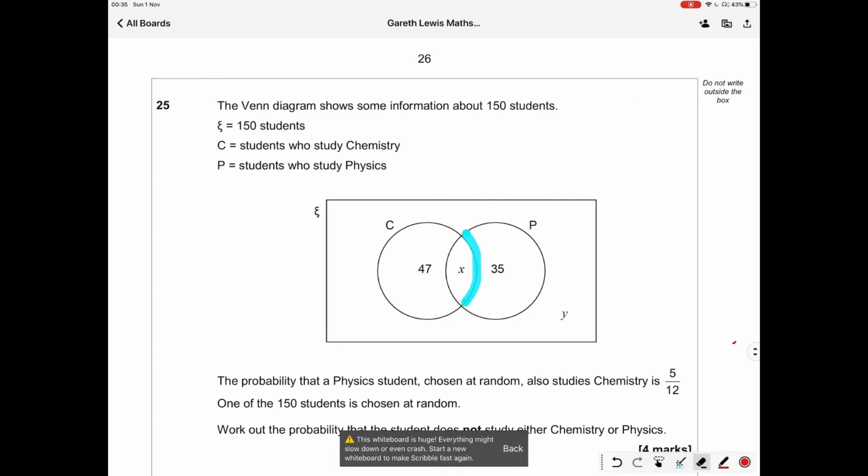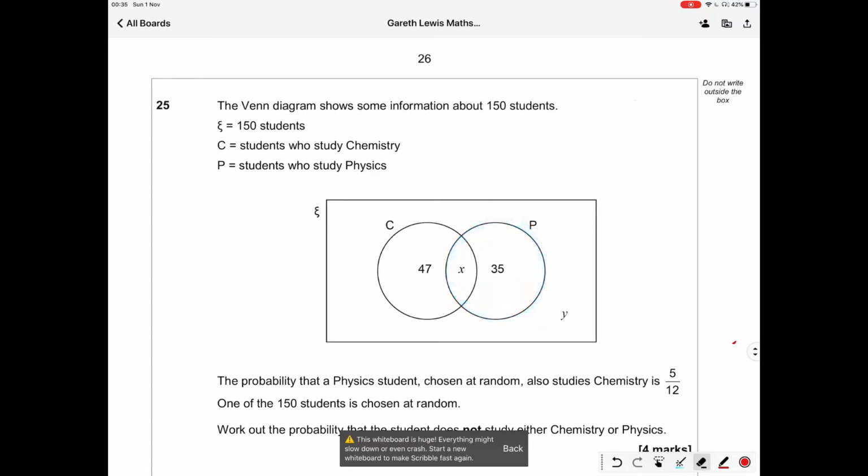The 35 people on the right hand side are those who only study physics, and the X people on the left hand side, in that little shape that looks a bit like an eye on its side, an eye as in the thing on your face rather than the letter I, those X people are the ones who studied physics and chemistry. So we know they're in that total group of those who studied physics.